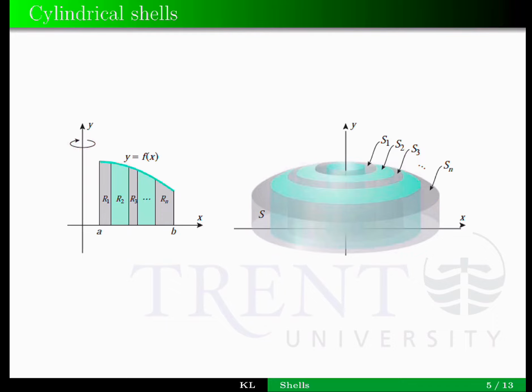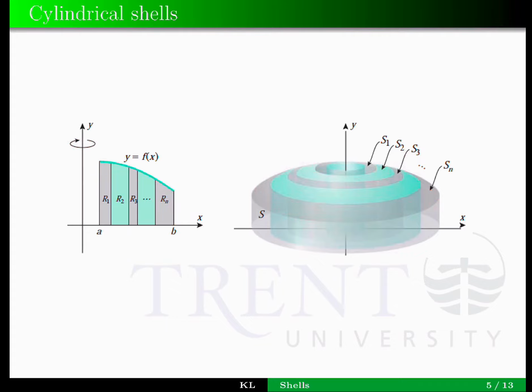If you revolve, for example, this capital R2 about the y-axis, it creates a cylindrical shell. This gray part here, this strip here, if you revolve this about the y-axis, it creates another cylindrical shell.